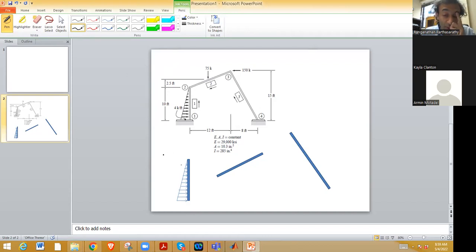So first step is we can write our fixed end moments first. So here my distributed load is linearly varying. It's at 4 kips per foot at the bottom. So right now let's open the chart of fixed end moments.